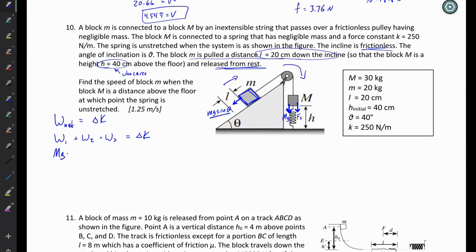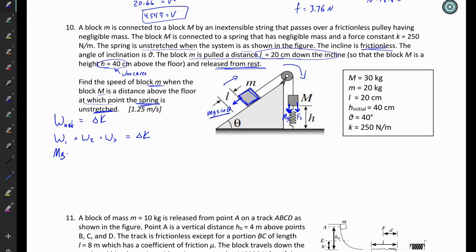So what's the distance? It says the spring is unstretched, frictionless, angle of incline, and so on. Find the speed of block M, which will also be the speed of block big M because they're attached, when block M is a distance above the floor at which point the spring is unstretched.